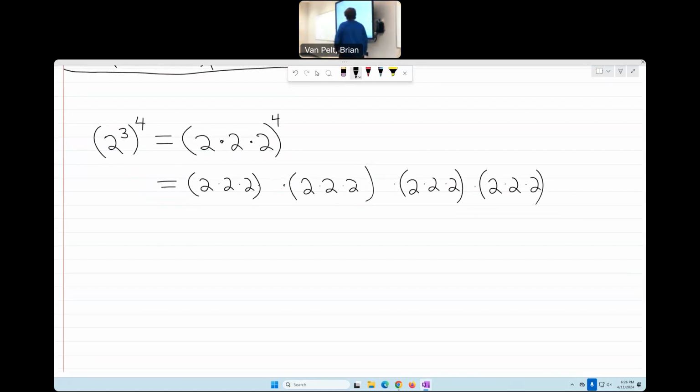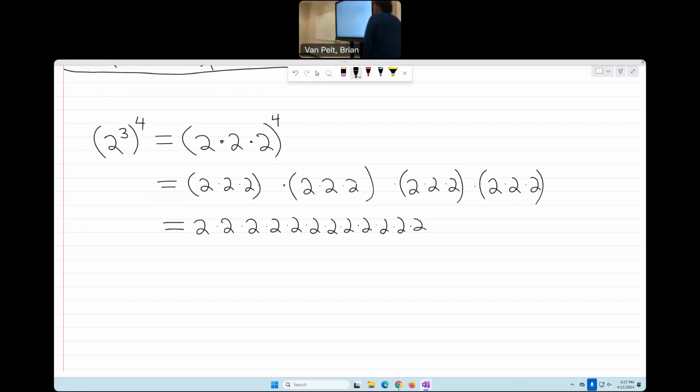Now, the parentheses, when you're doing just one operation like multiplication, you don't need the parentheses. You just go from left to right. So if you allow me, I write them up. How many are there total? How do you count total? 12.